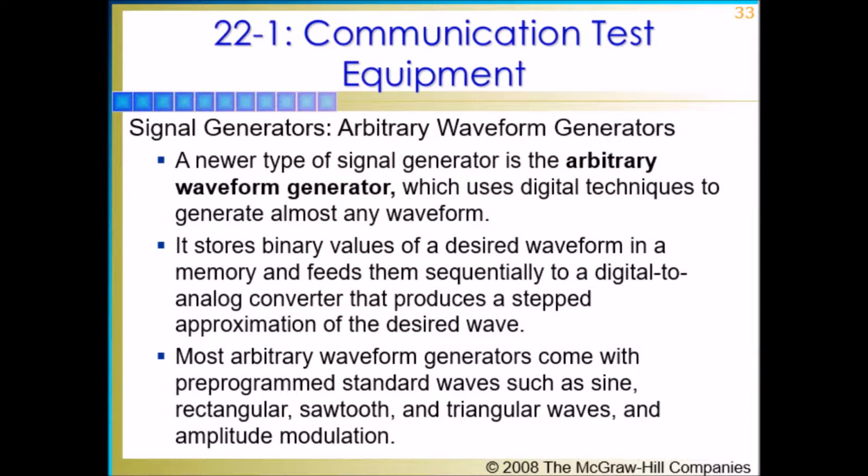These binary words are fed sequentially to a digital to analog converter that produces a stepped approximation of the desired wave. The arbitrary waveform generator provides a fast and easy way to generate almost any signal shape. Because digital sampling techniques are used, the upper frequency limit of the output is usually below 10 GHz.